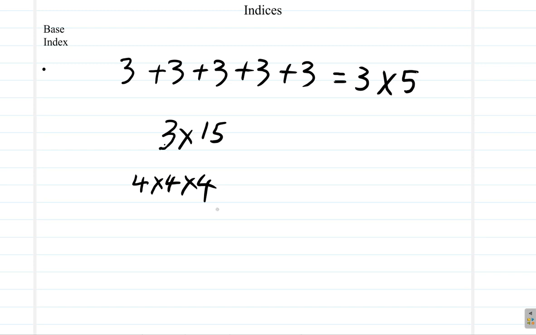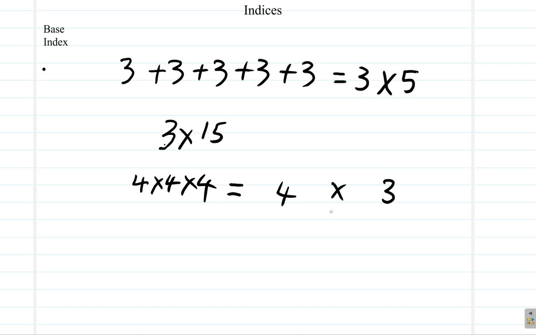Right? So what happened? The way you write this, you're going to have a 4, because definitely 4 is the number repeating itself. And somewhere you are going to have a 3, because there are 3 of them. But how do you write it?